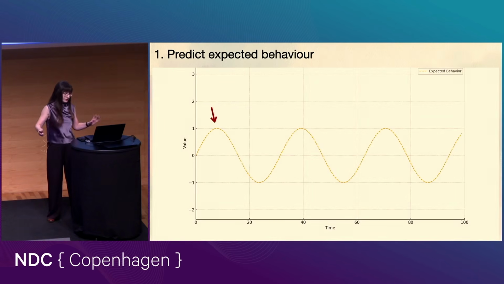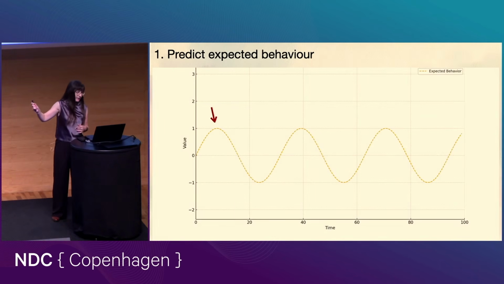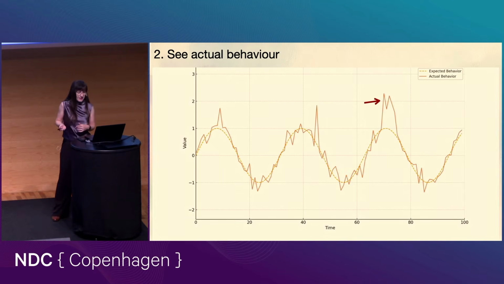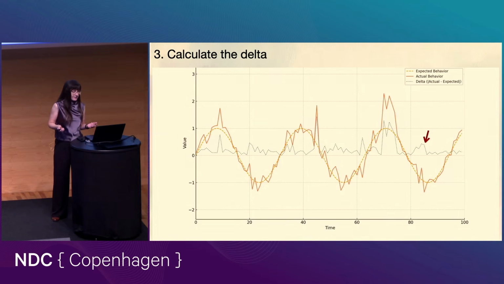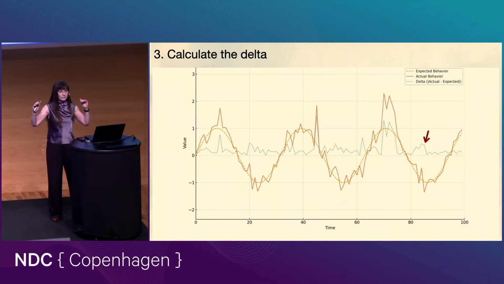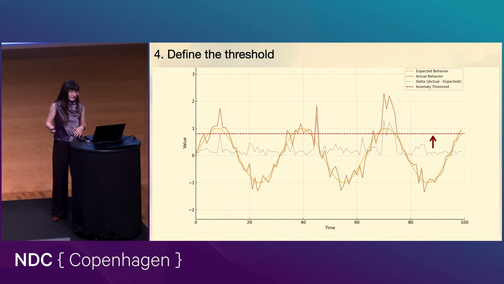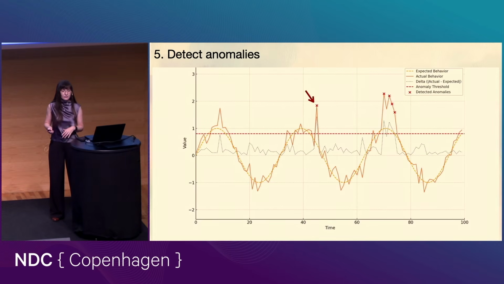If this is our expected behavior, then we compare the actual behavior to that, and we also define the threshold where we think the actual behavior might deviate from the predicted. Whatever goes outside of that is potentially an anomaly.